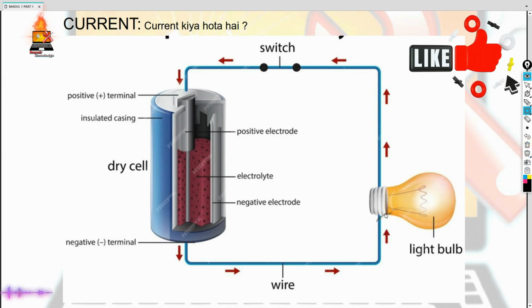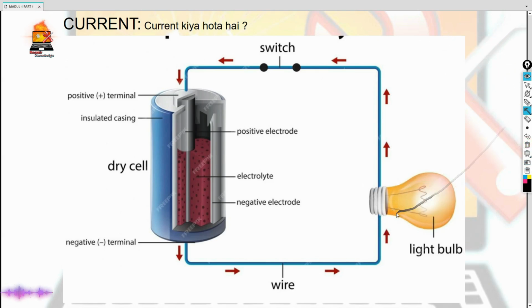Passing from here, the current flows through the wire from the bottom, and our negative electrons are being pulled towards the positive. You know what I mean?